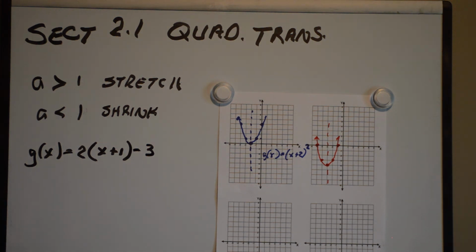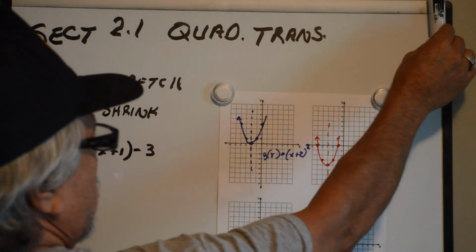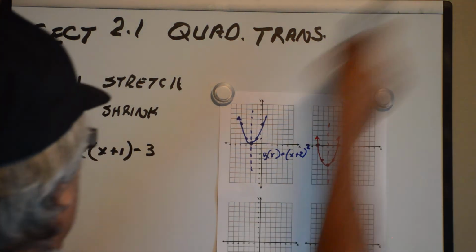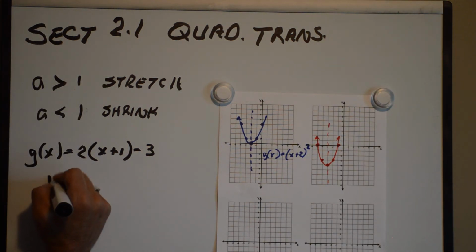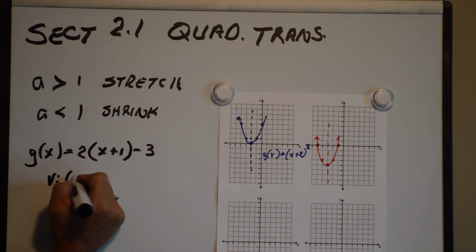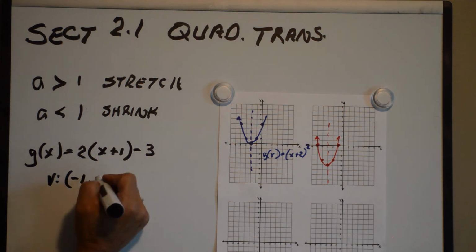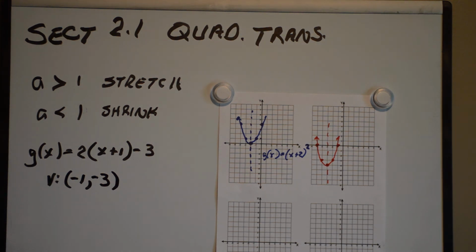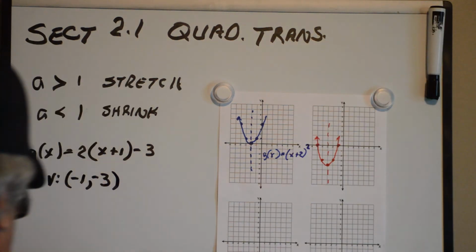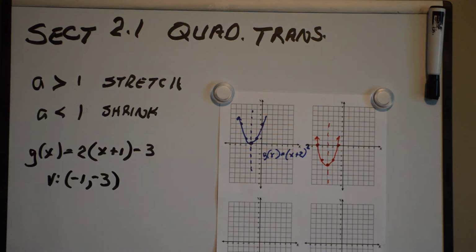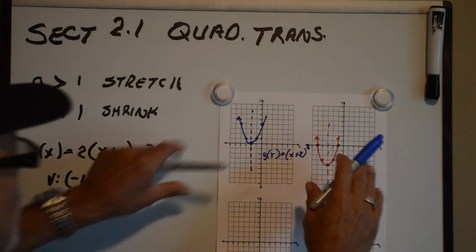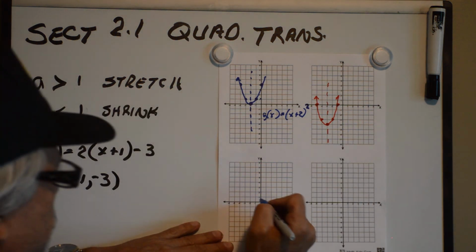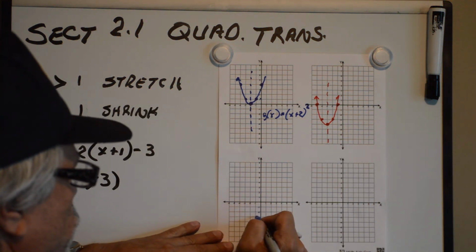Alright, so now that we have that, we know my vertex is going to be at the opposite of this guy, so it's a negative 1, and the same as that guy, negative 3. So once I have my vertex, I can go ahead and plot that, from my original 0, 0, I'm going to go to the left 1 and down 3.